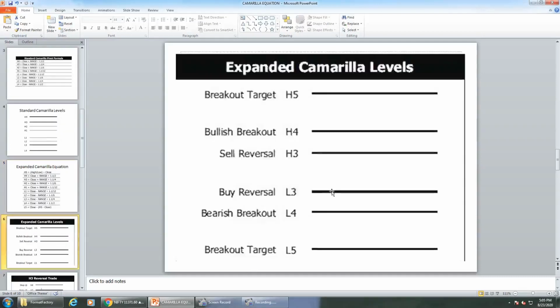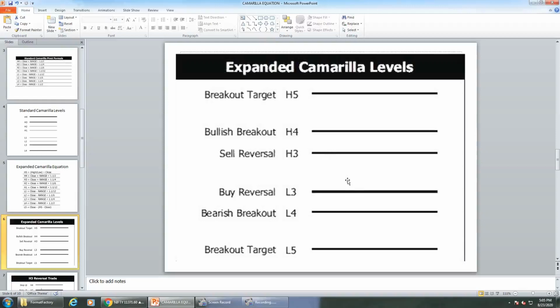So these are all the levels actually used in the Camarilla levels on our charts. We have these three resistance lines and these three support lines. We concentrate only on these four lines to take a trade, and as I said earlier, L5 and H5 act as targets. So it is mentioned here how you can take a trade. The line H3 is a sell reversal. When the price reaches this line, it will mostly reverse and go to L3.